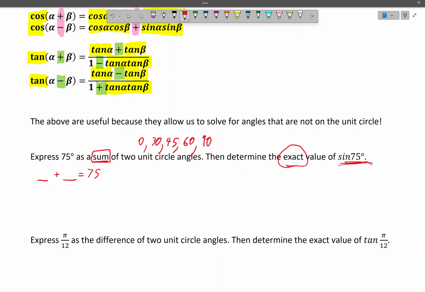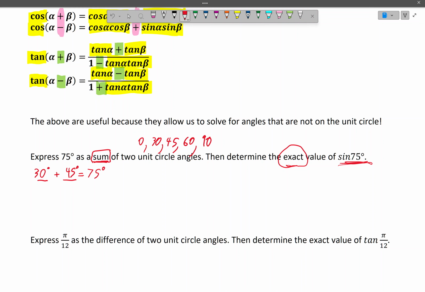And then all the way around the circle, but those are the standard ones. And so what we can do is add 30 and 45 to get the 75. So you just have to pick two that match to give the 75 degrees. So 30 degrees plus 45 degrees gives 75 degrees.